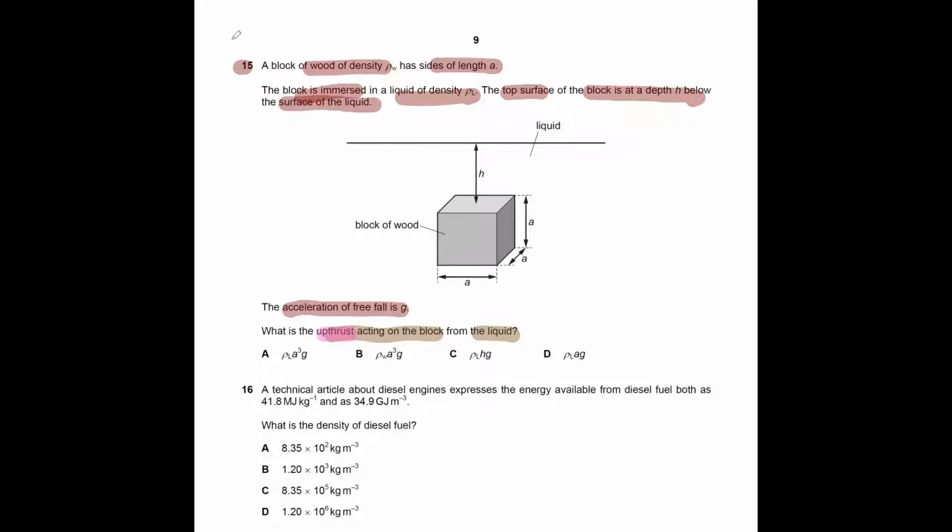So this one, they're just asking you about the upthrust. When you're talking about upthrust, this one would always come out for you. Upthrust is actually the weight of liquid displaced, which is in turn rho Vg.